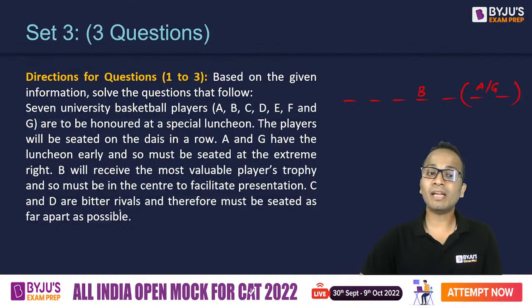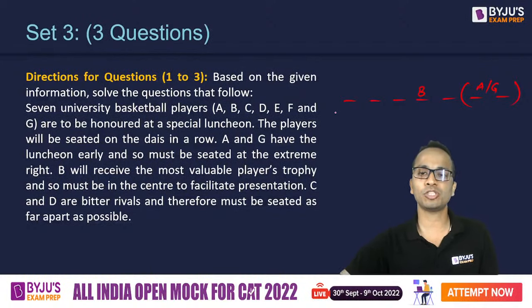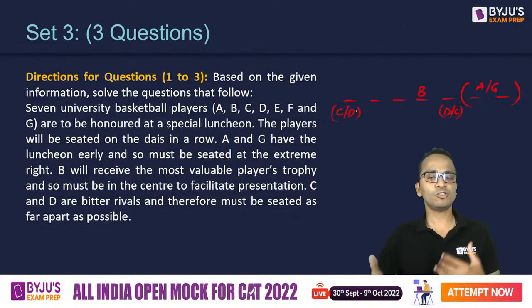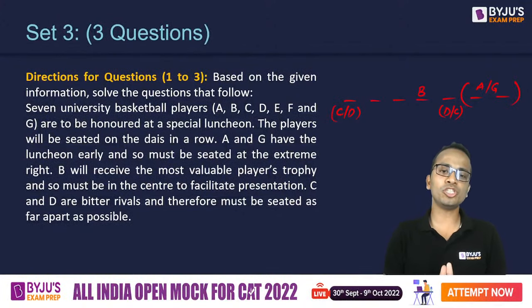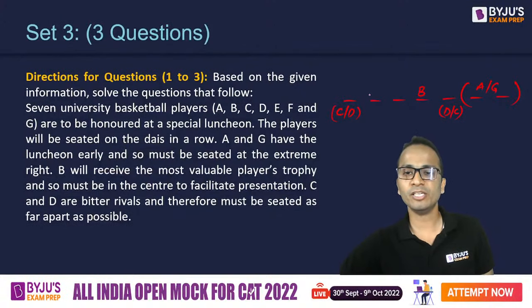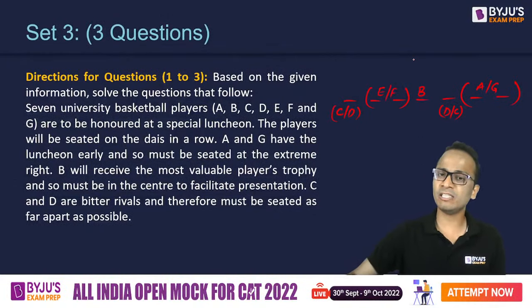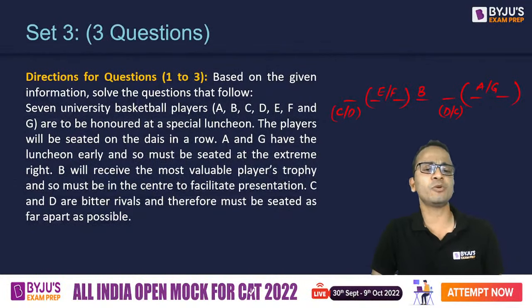C and D are bitter rivals and therefore must be seated as far as possible. So C and D, D and C, right? Now they have not given anything about E and F. So definitely the remaining 2 positions will be for E and F. Earlier in set 1, we have seen that they mentioned that E and F will be sitting together.